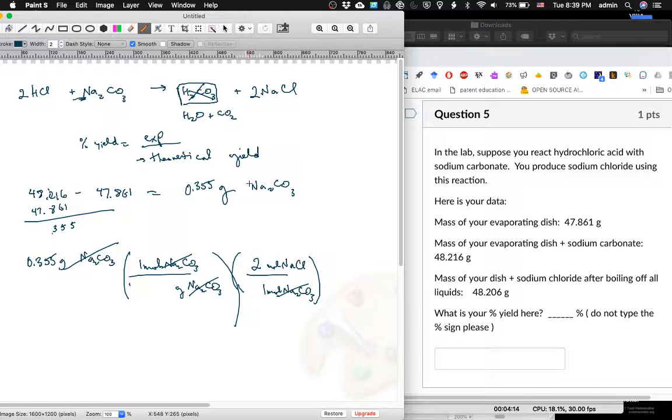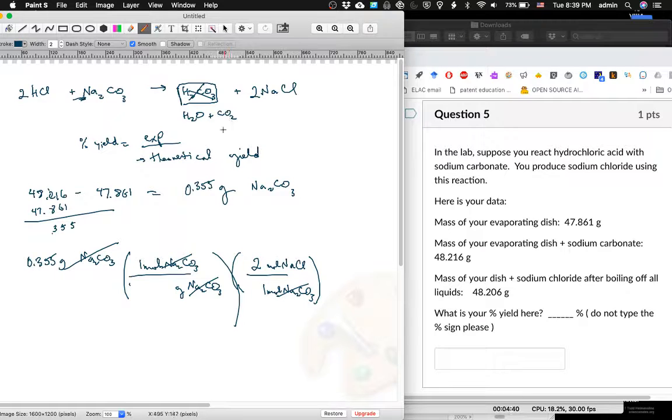The reason why I'm concentrating on NaCl and not carbon dioxide or water is because it says here after boiling off all liquids. So there isn't going to be any water, and we didn't collect any carbon dioxide because it's a gas, and we didn't use a tube and an upside down piece of glassware and water.